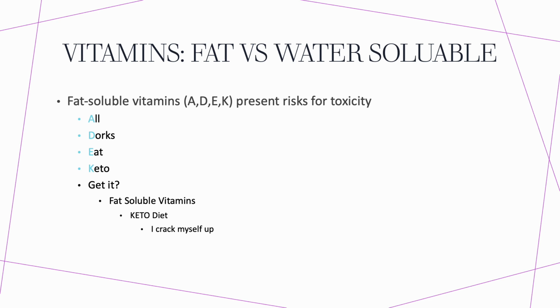This is the easy question, the easy points to make, and this is going to be for the rest of your program. You need to know this stuff. So fat soluble vitamins A, D, E, and K all present risk for toxicity. So I've made you a pretty new mnemonic. All dorks eat keto. Did you get it? Because keto is basically a fat-based diet, right?